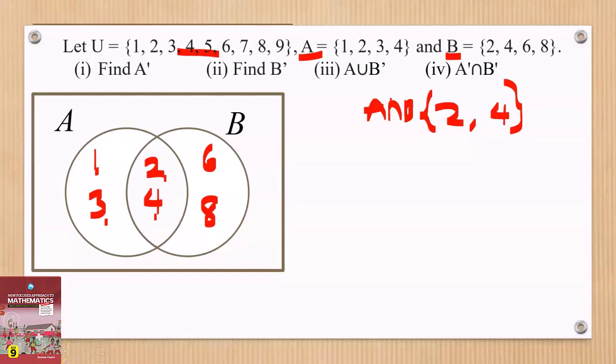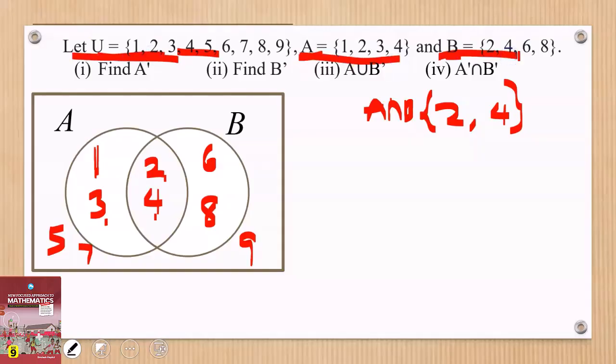Looking at the universal set again, 1 has been represented already, 2 is also here, 3 is represented, 4 is represented, 5 is not, so we can put 5 outside the 2 circles. 6 is represented, 7 is not, so we can put 7 outside, and 8 is there, 9 is not. So now this is how we can represent the information like the universal set, A and B on the Venn diagram.